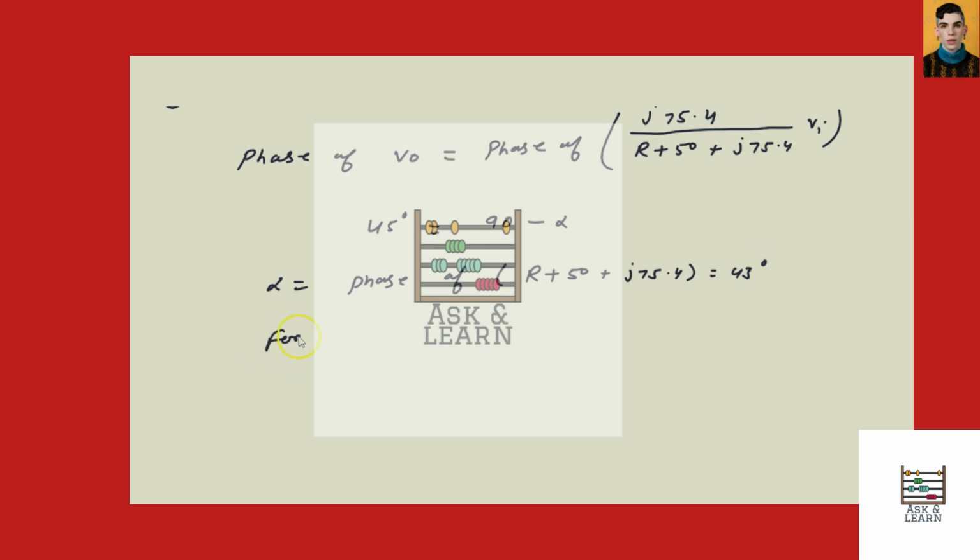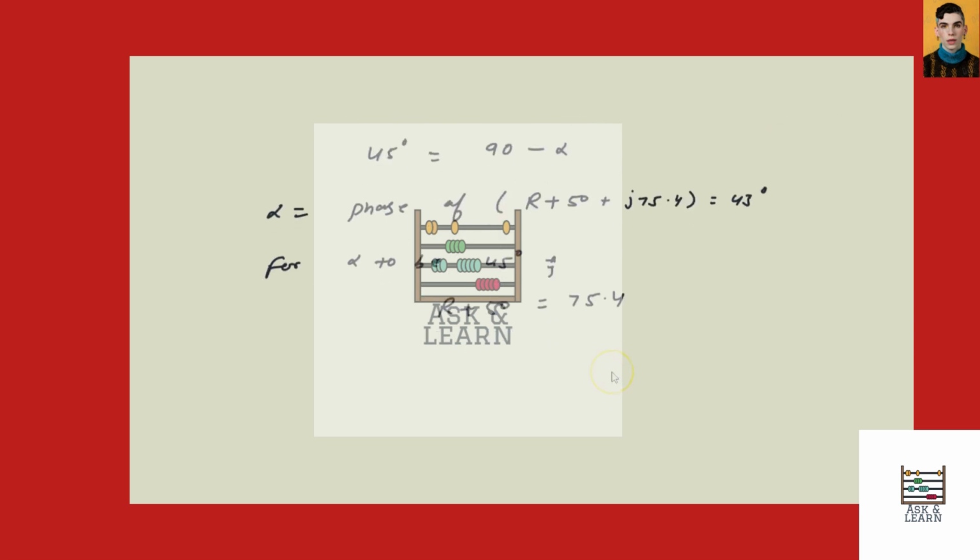For alpha to be 45 degree, R plus 50 must equal 75.4.